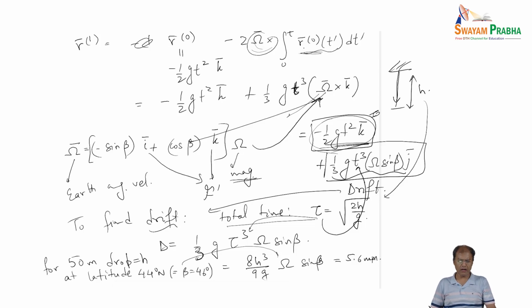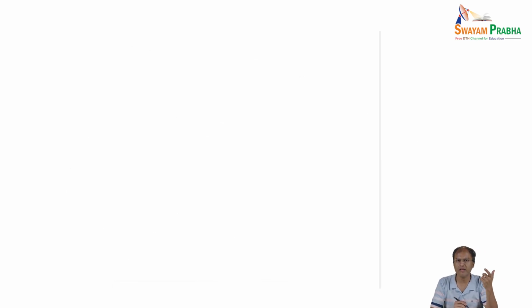Now I just want to highlight the fact that these types of experiments, which are used to calculate the drift of the motion due to the Earth's rotation, lead to the so-called Foucault's pendulum. To all the interested listeners, I want to highlight that Foucault's pendulum was developed in the early 1600s to observe this phenomenon of the Earth's rotation.